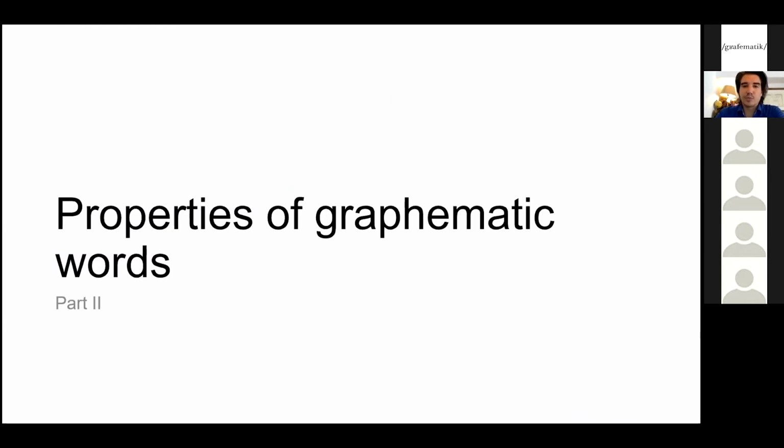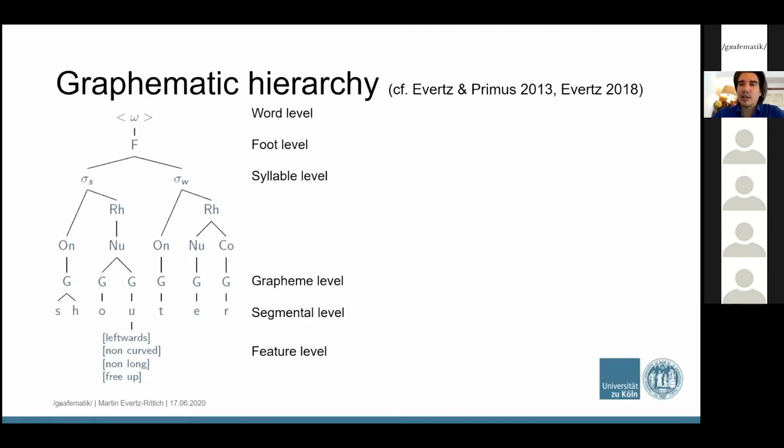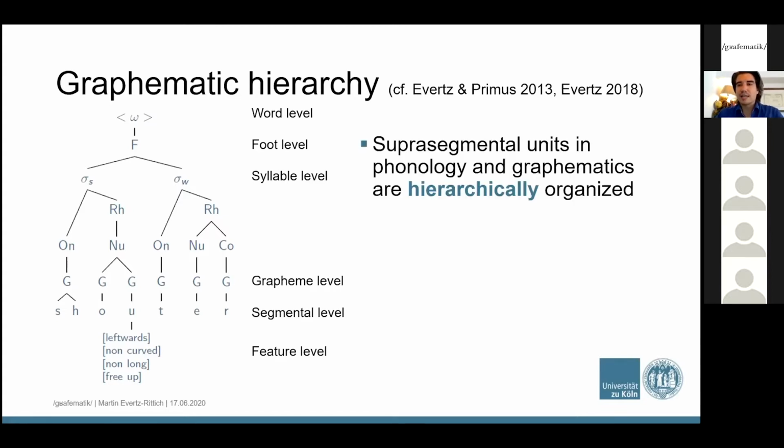Now let's come to the properties of graphematic words. Another way to look at graphematic words is to consider the graphematic hierarchy. Like Demetrius just said, there are some suprasegmental units in alphabetical writing systems: the word, the foot, the syllable, the grapheme, and so on. And the word is a part of this graphematic hierarchy. What does it mean to be in a hierarchy?